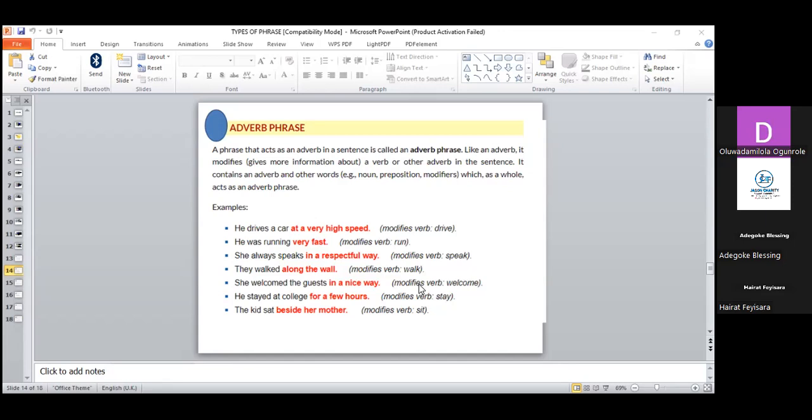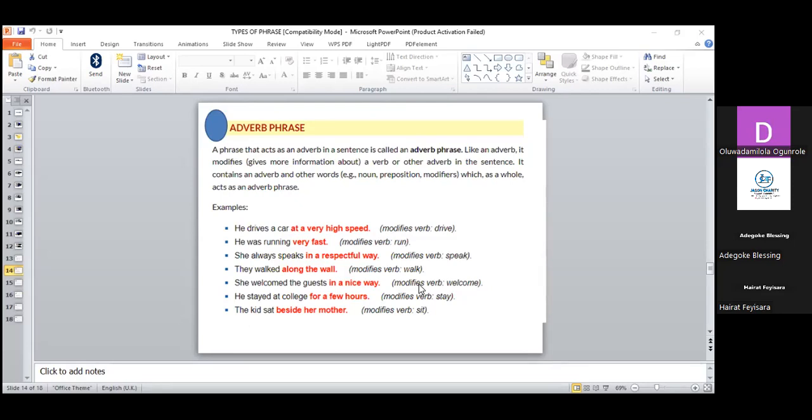The third one, she always speaks in a respectful way. This is also an adverb of manner. They walked along the wall. This is an adverb of place. Where did they walk? Then you can say they walked along the wall.